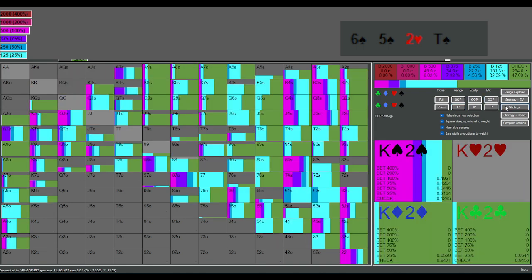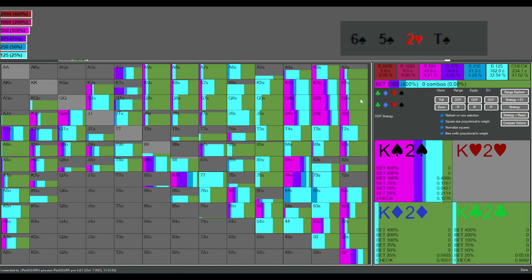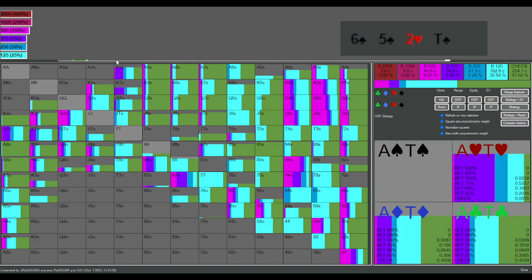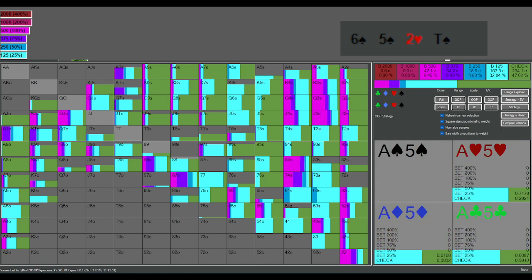So what that means for us is, a big reason we do a lot less very large overbetting on flush completing turns is because equities run much closer on flush boards.